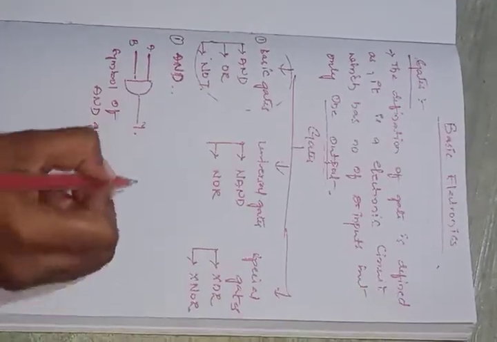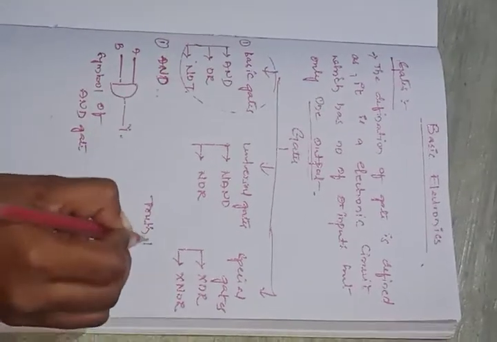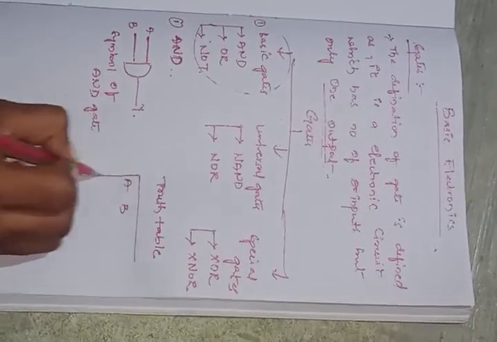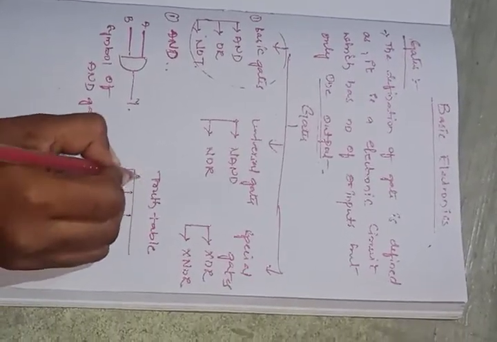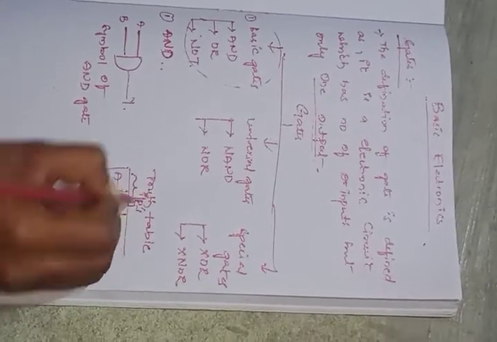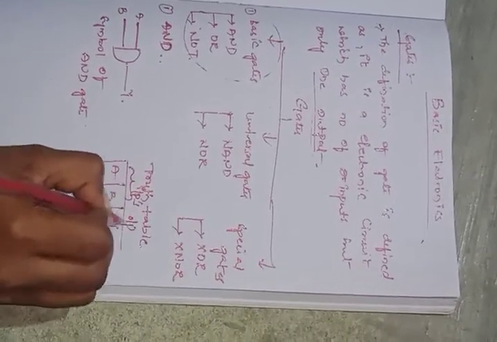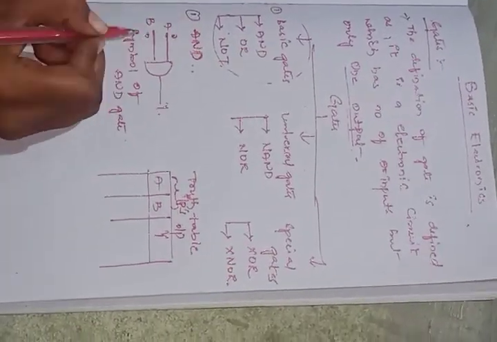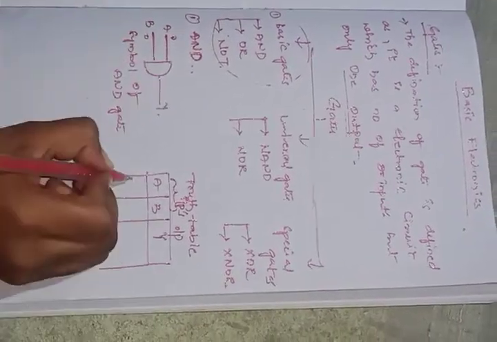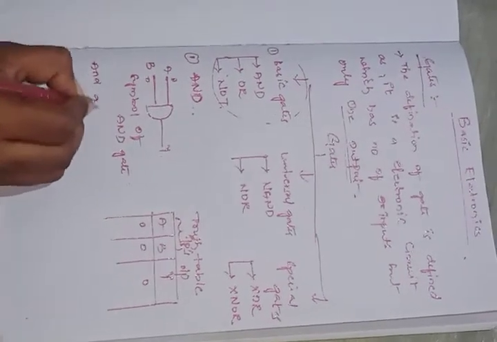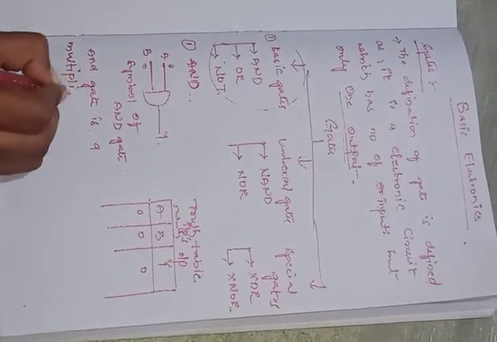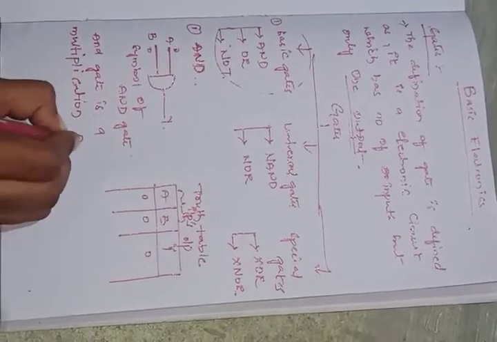Next, the truth table. A, B are inputs, Y is the output. When we take input as 0, 0, the output is 0 because AND gate is a multiplication process.